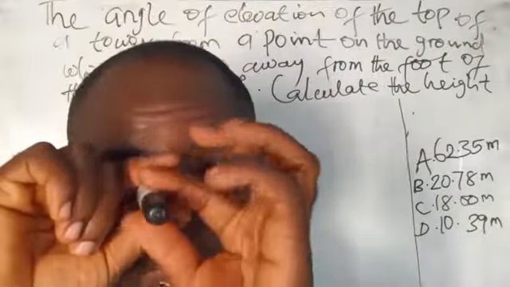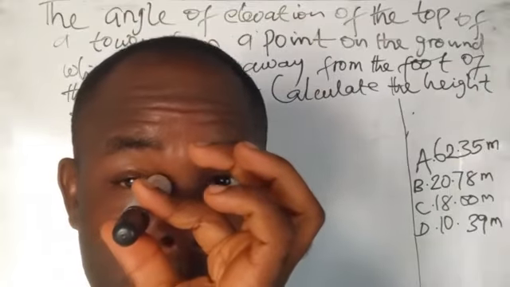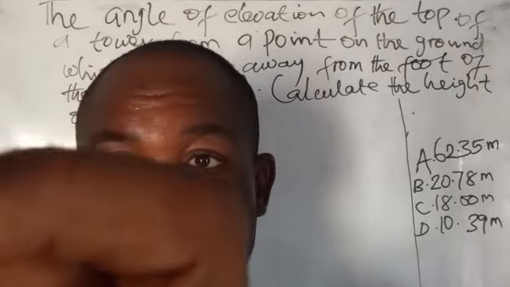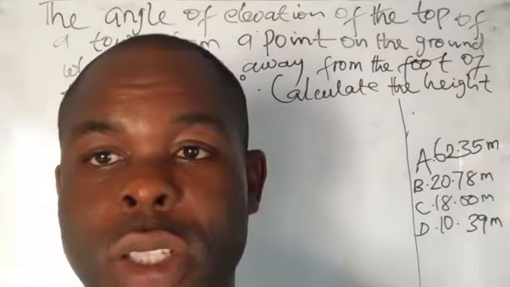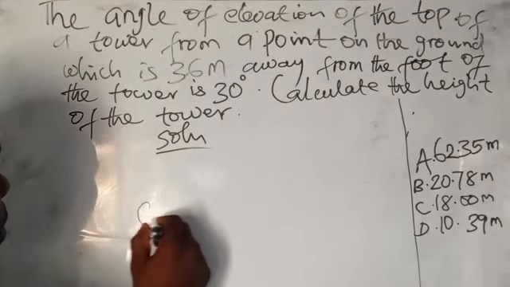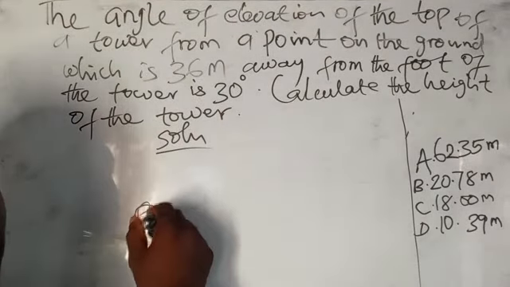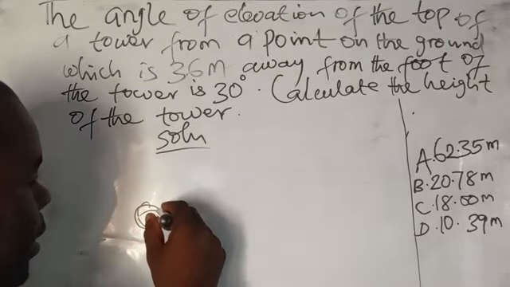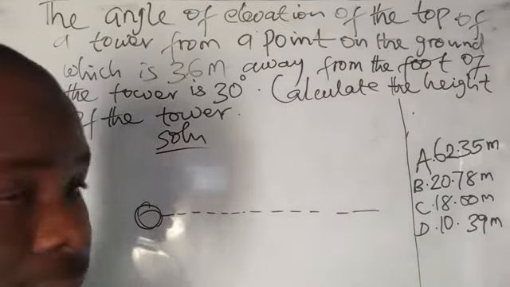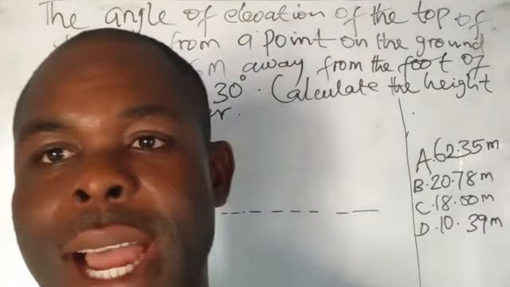Normally, as I stand like this, my eye level is horizontal. Let's say this is my eye here, and here is that horizontal level of my eye. Okay, guys? That's the level of my eye.